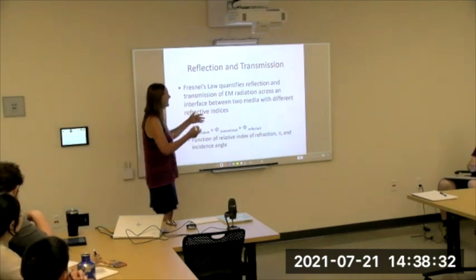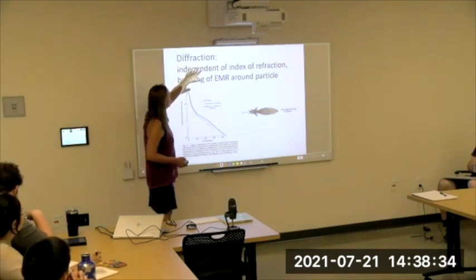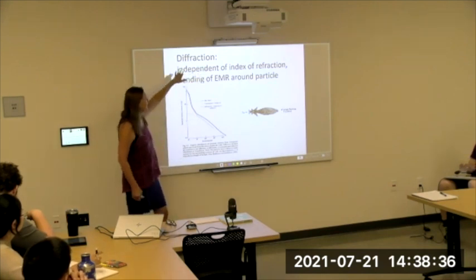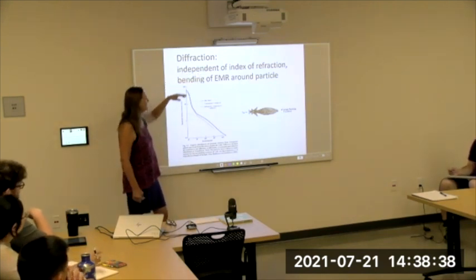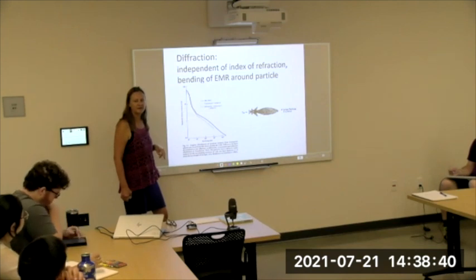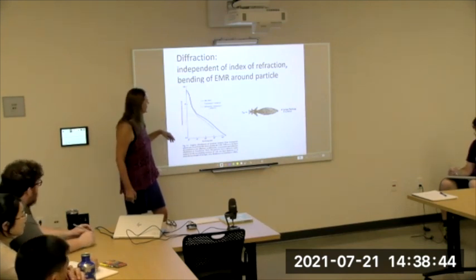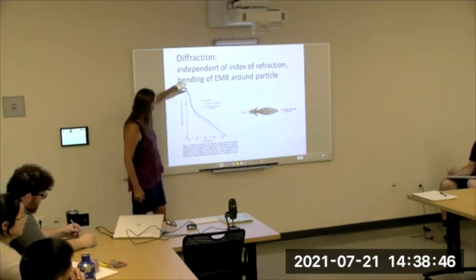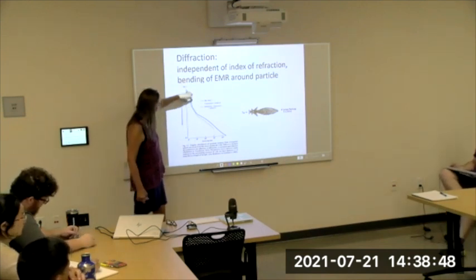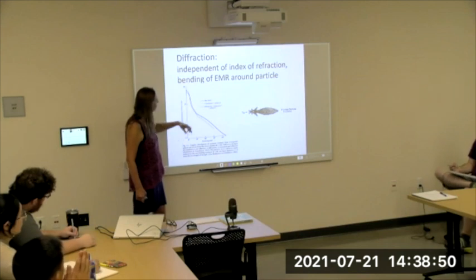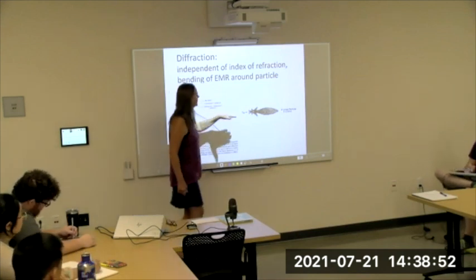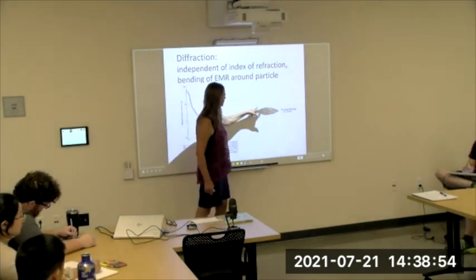Okay, so you get this bending around, and it turns out that diffraction is pretty independent of index of refraction because it doesn't interact with the particle. And if you look at diffraction, that's this part of the volume scattering function, right? It's that real forward part. So this is a very weird angular diagram.